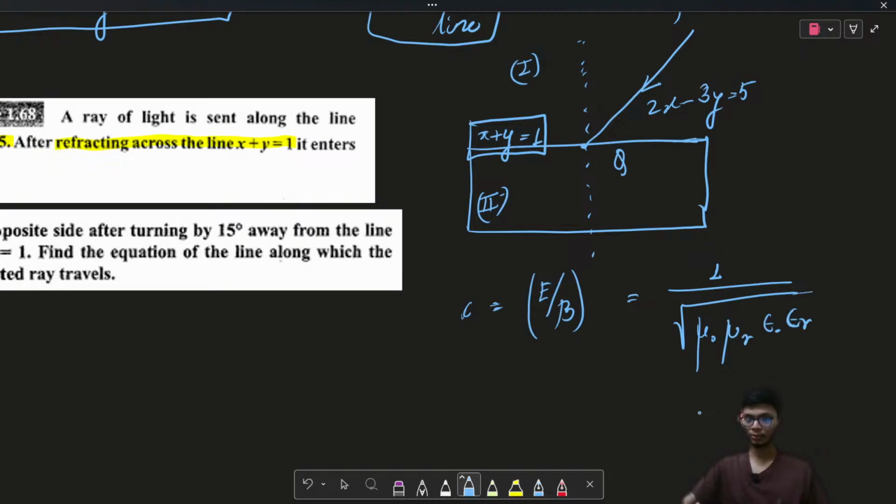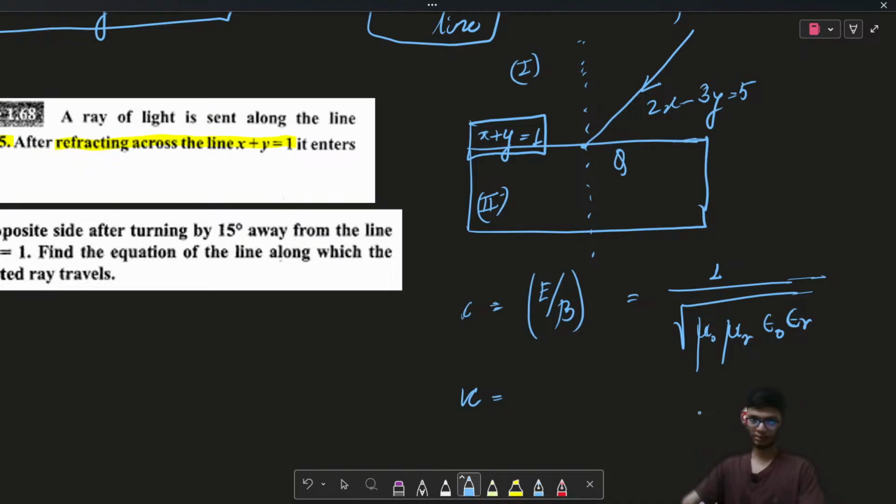So I hope you have all studied relative permeability and relative permittivity, right? If you do that, you will easily get the speed of the electromagnetic wave in a given medium.